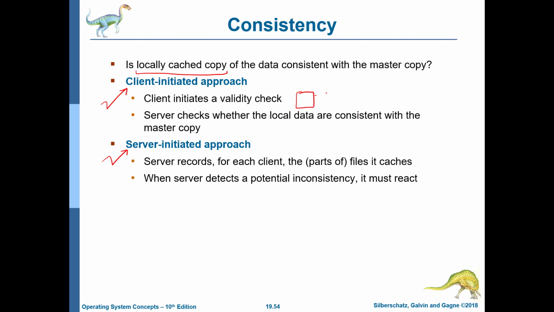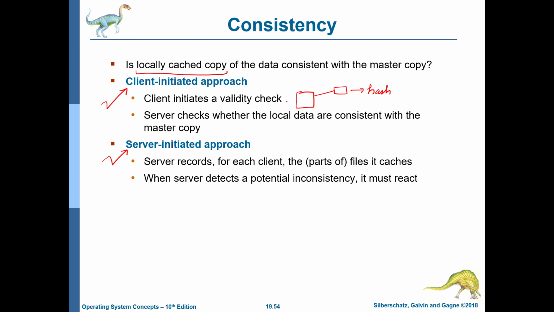One thing that can be done is you take a block of the file, compute an MD5 hash and just send the hash to the server. The server will verify the hash. If the hash matches, the blocks are the same. The server checks whether the local data is consistent with the master copy.